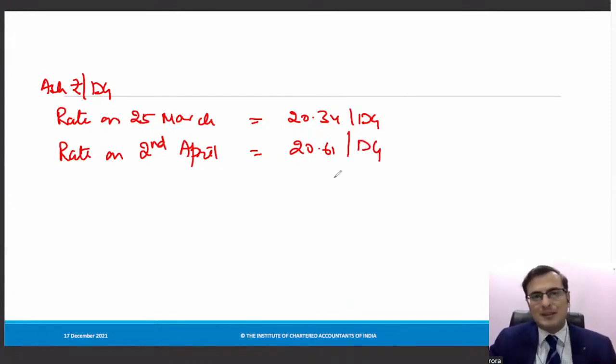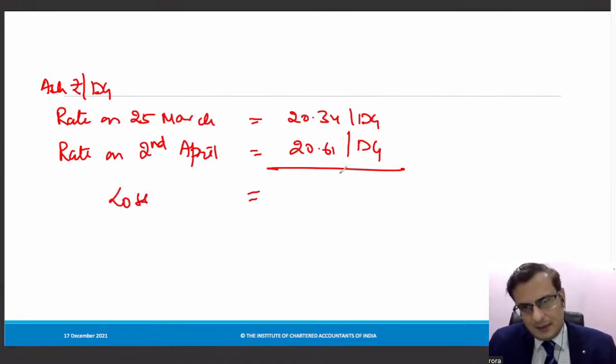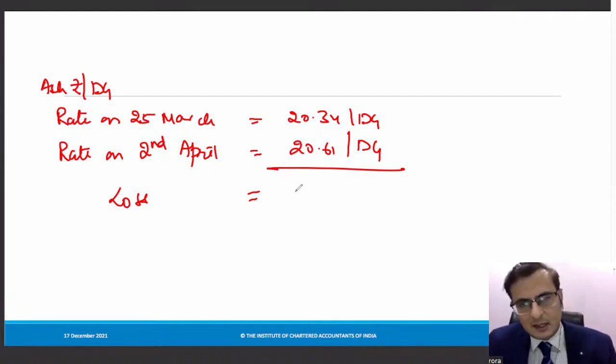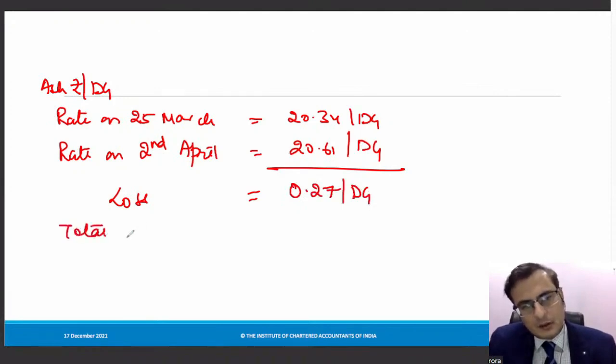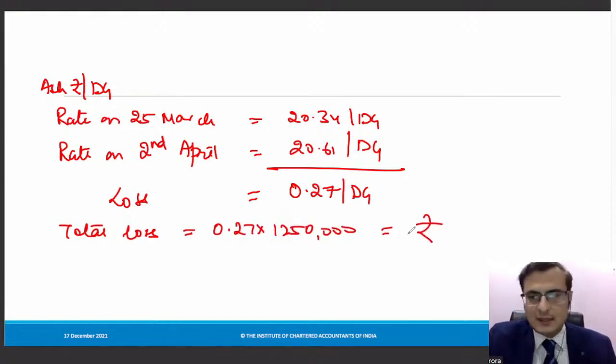He could buy at 20.34. Now he will have to buy at 20.61. So the loss will be 0.27 per DG. So total loss, 12,50,000 times that. The value will be in INR, beta.